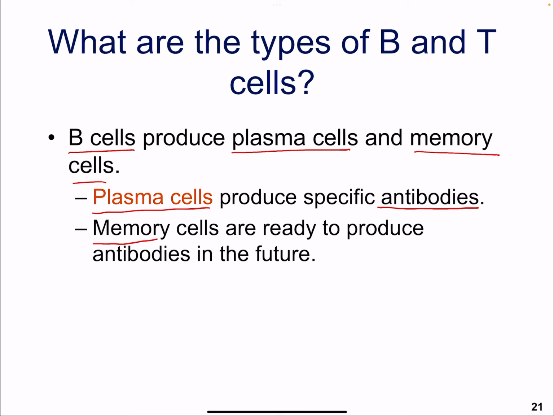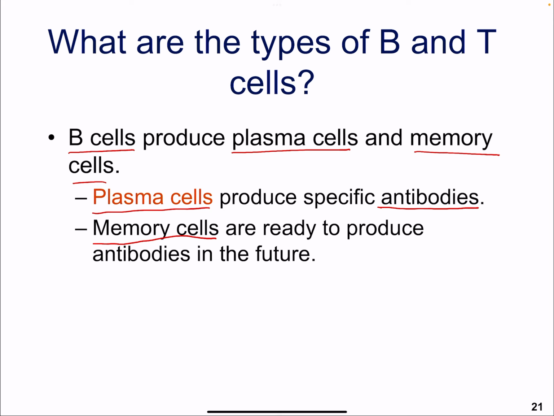While the memory B cells are B cells that are going to be saved for later protection, right? It's a memory. It goes somewhere in our body.